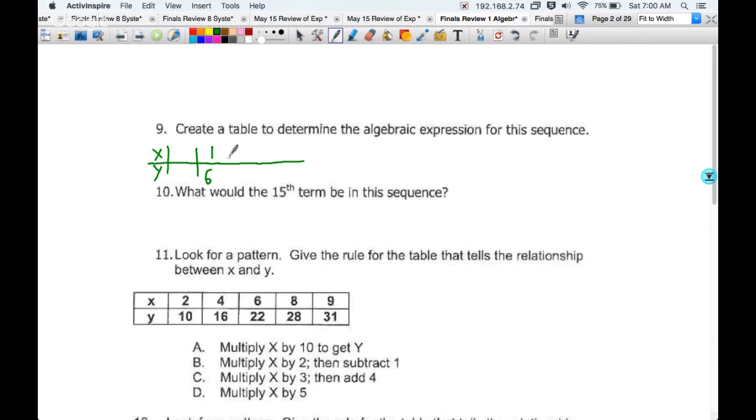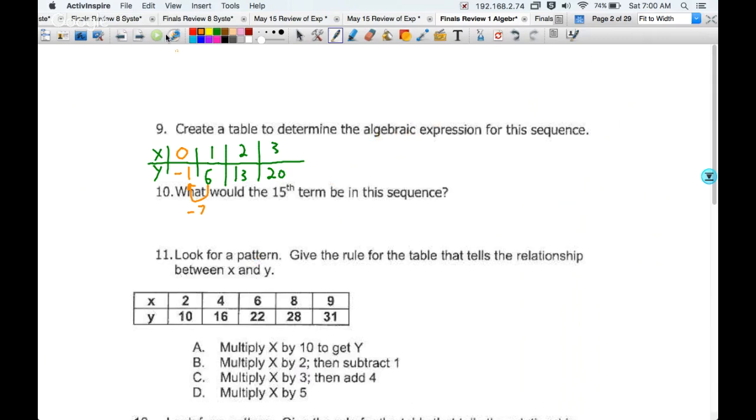So the first term is a 6, the second term is a 13, the third term was a 20. So to move forward in this list of x values, I add 7. To move backwards, I've got to subtract 7. So 20 minus 7 is 13. 13 minus 7 is 6. 6 minus 7 is -1 for my 0th term. So I had to subtract 7 there.